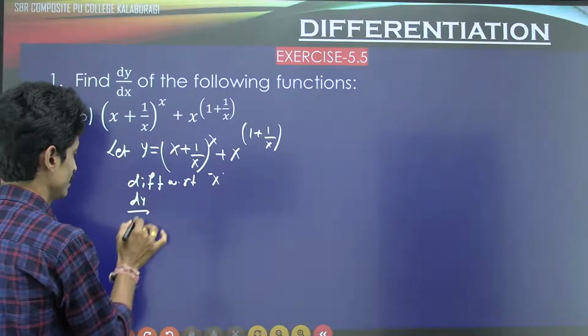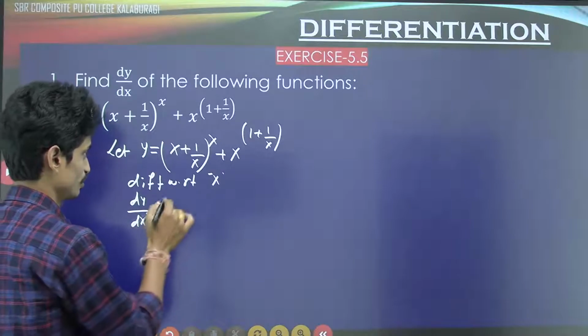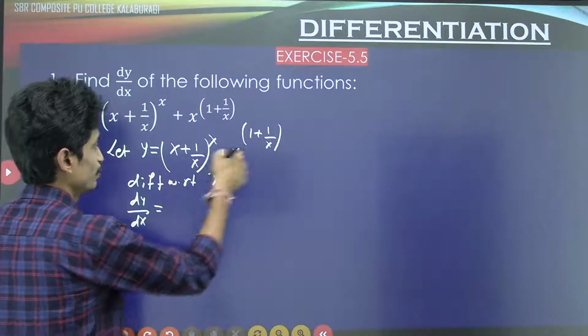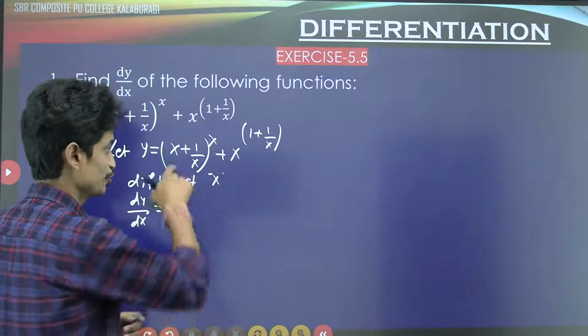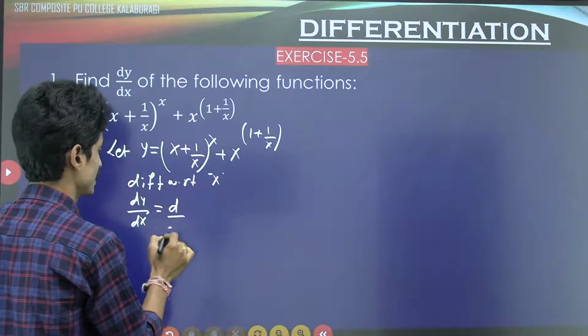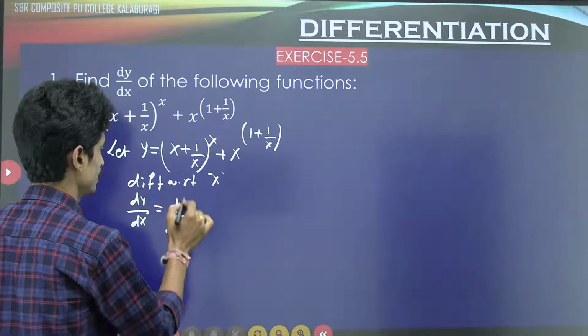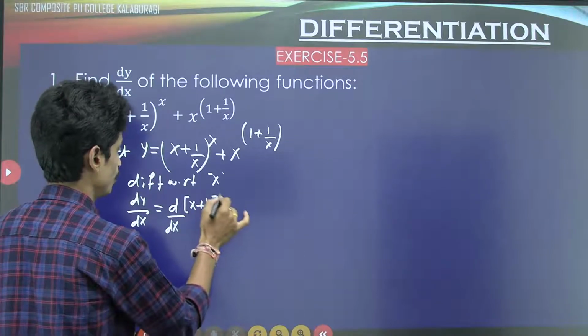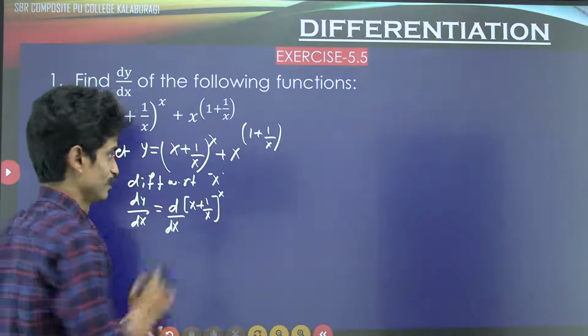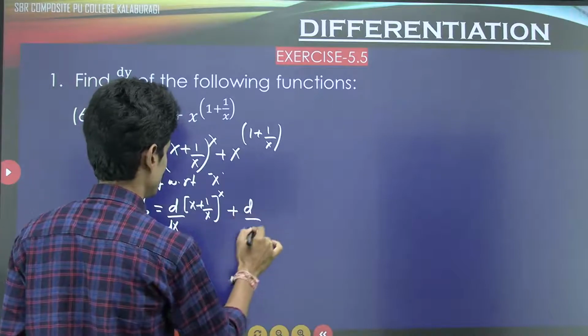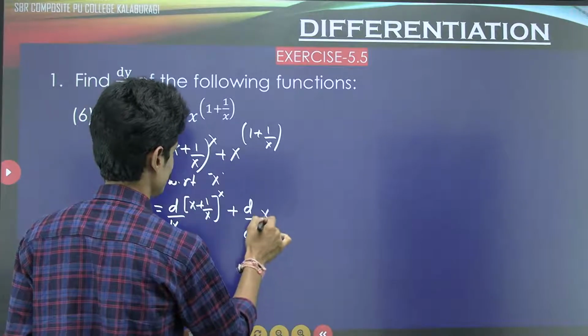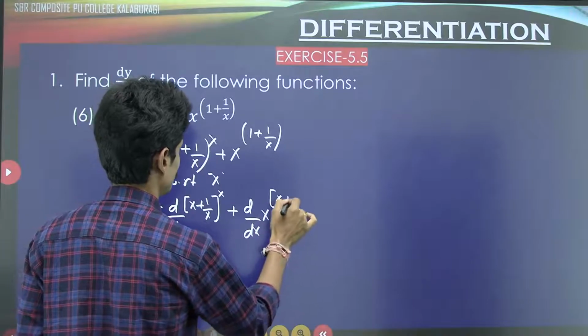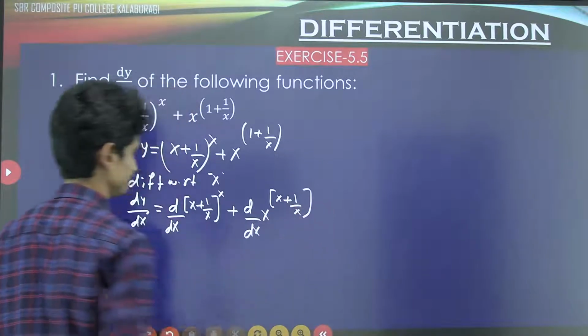dy divided by dx is equal to, u plus v form we have. U plus v means separately we can write d divided by dx of x plus 1 upon x whole power x. Clear? Plus d divided by dx of x power x plus 1 upon x.